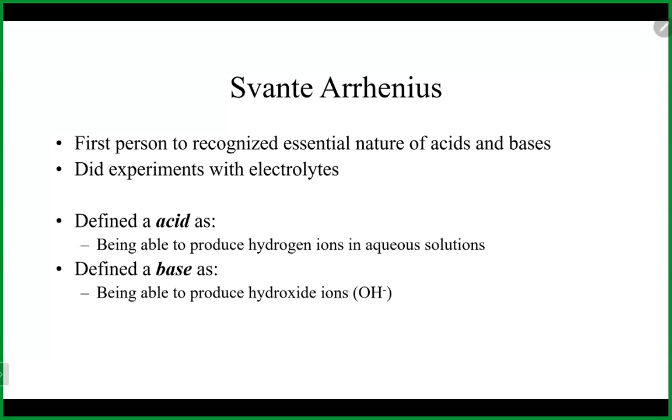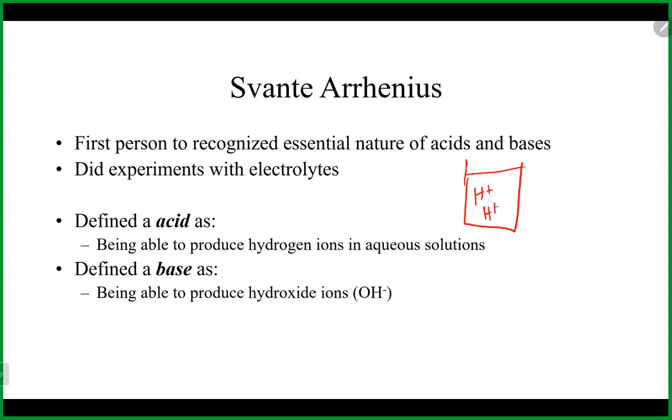He defined an acid as something that has the ability to produce hydrogen ions in solution, meaning free H+. These H+ ions are floating around freely in the solution. They're not attached to anything. So the ability of something to produce that in solution is really important.